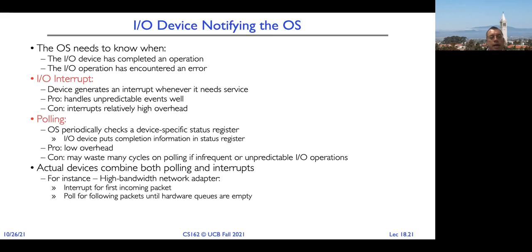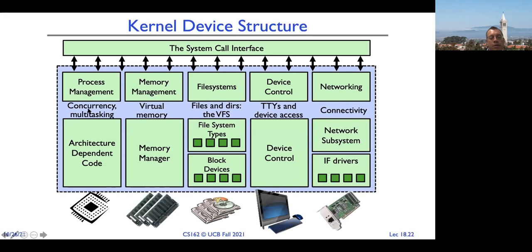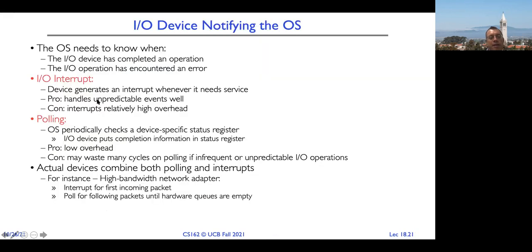Rare and slow, and unpredictable, right? If it's something unpredictable, it doesn't make sense to poll forever for something rare to happen. Yes, Gilbert.